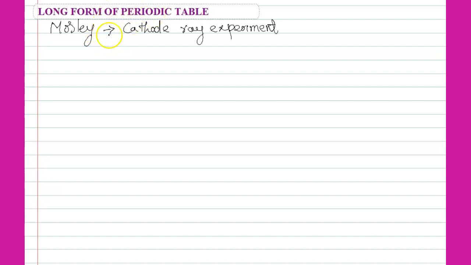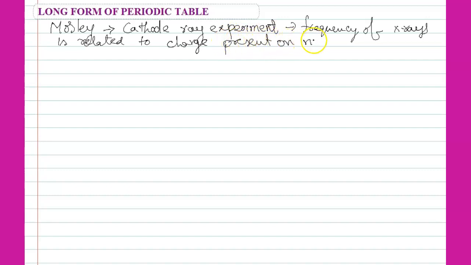Long form of periodic table. So Moseley mostly did a cathode ray experiment. This experiment shows a relation between the frequency of X-rays and the charge present on the nucleus of an atom.